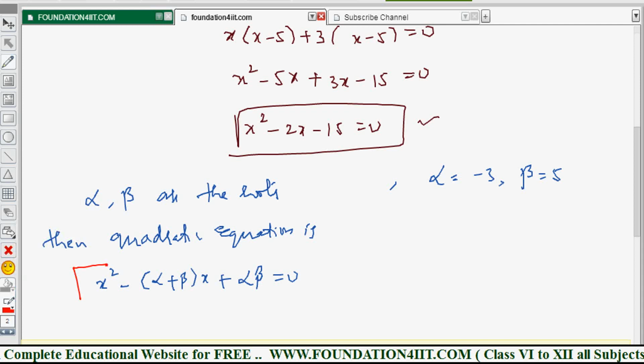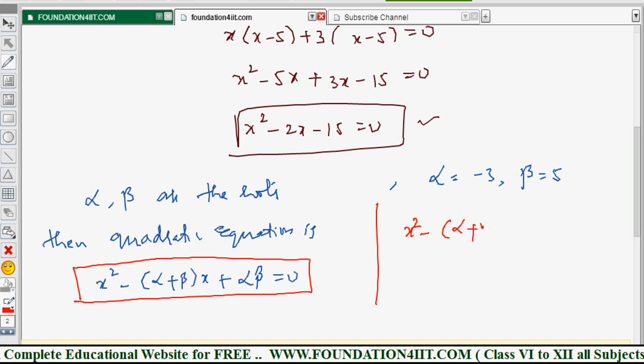So this is the quadratic equation when the roots are given. So alpha and beta are the roots of the quadratic equation. If you substitute here, x square minus the sum of the roots, that means (alpha plus beta) into x, plus the product of the roots, alpha into beta.